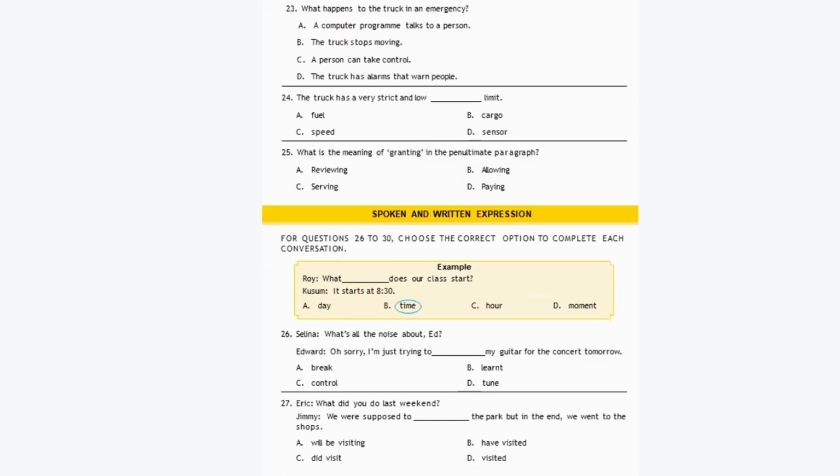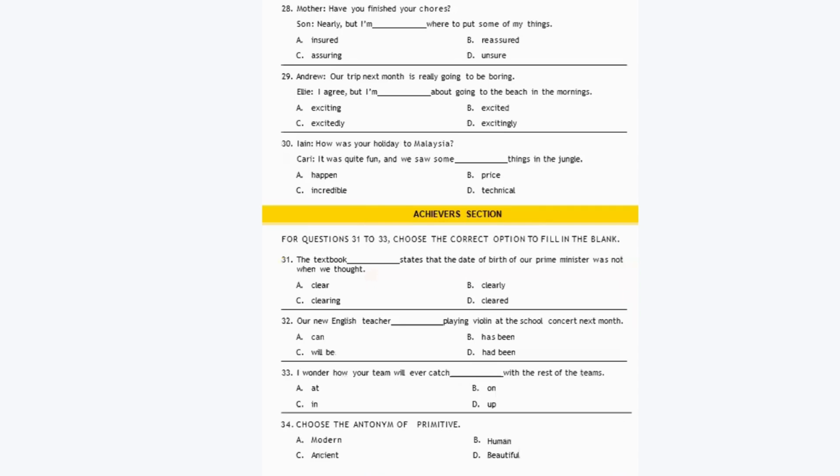Here you will be given some conversations and you have to complete them using the correct option. In this section also, each question carries 1 mark. Now, the Achiever section is your last section, where you will get questions from grammar, vocabulary, and conversations. But in this section, each question carries 2 marks.